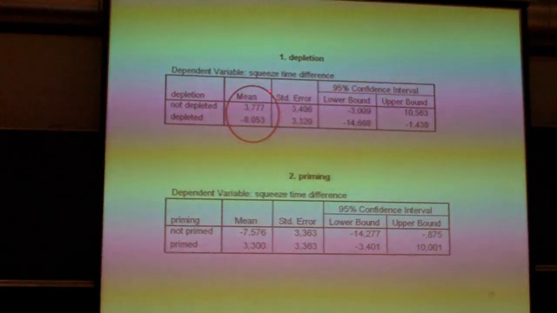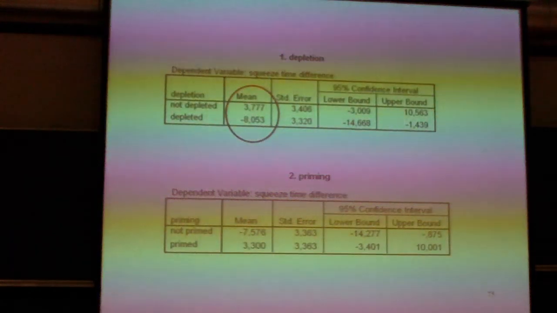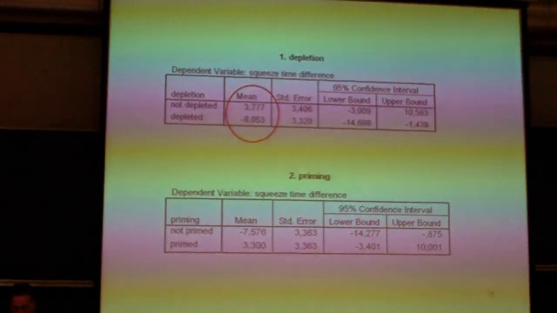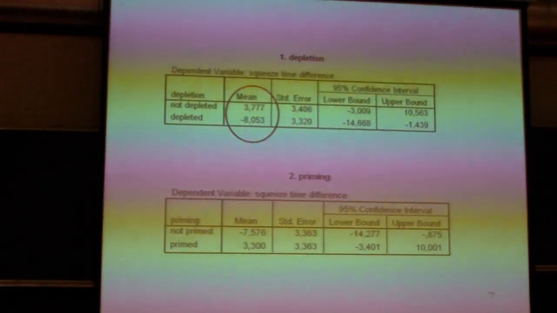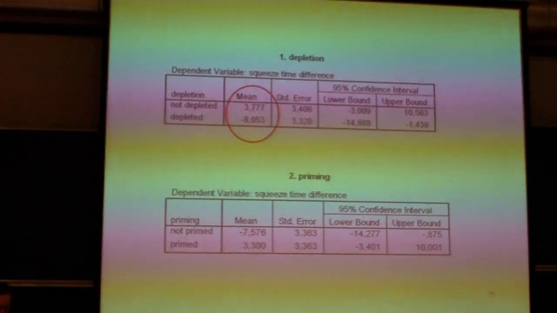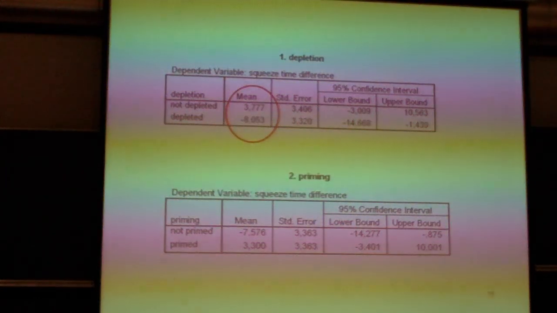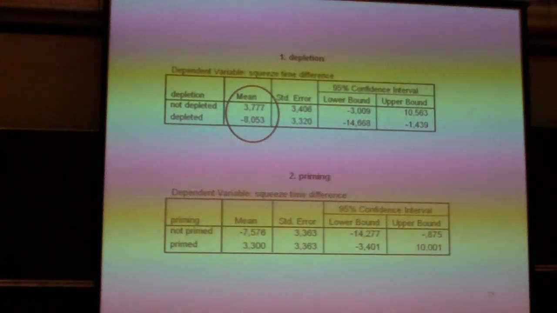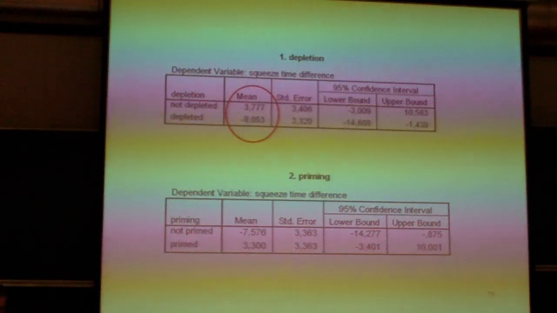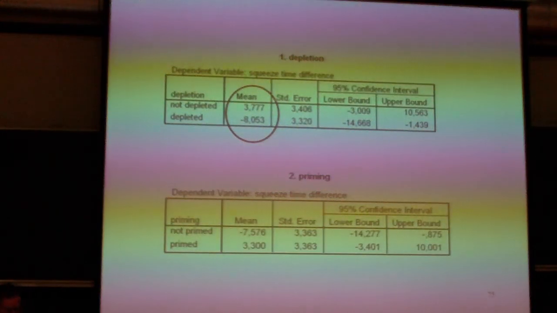So you can see that's a difference of about 12 seconds between these two groups on average, clearly showing that it does make a difference whether you first have to do the easy labyrinth or the difficult labyrinth. There was something like ego depletion going on, clearly.